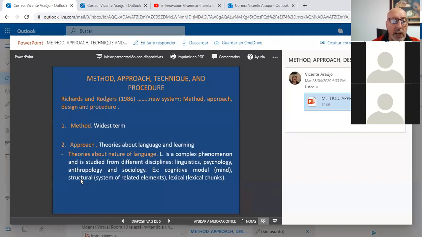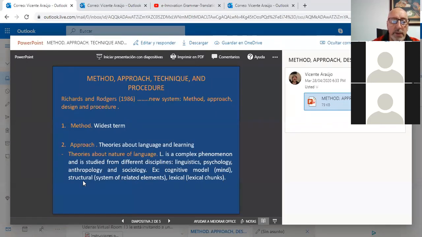For example, the structural model. The structural model accepts that there is a very important system of related elements in language. Elements that are connected and that have to do with mind, but also with the elements of the world.